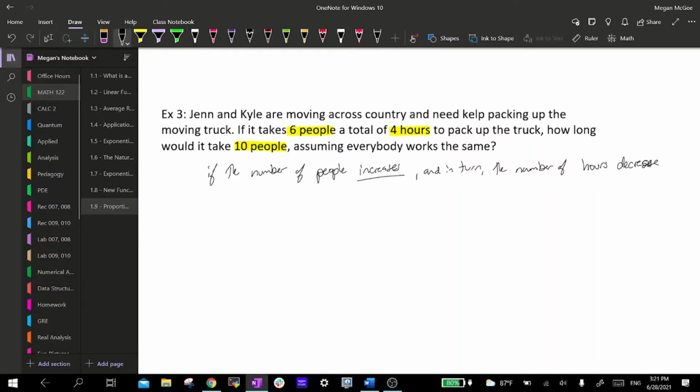We're assuming it's going to go faster. So if the number of people increases while the number of hours it takes is decreasing, we have inverse proportionality.